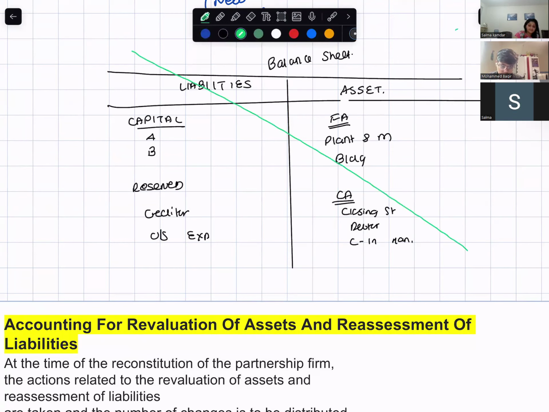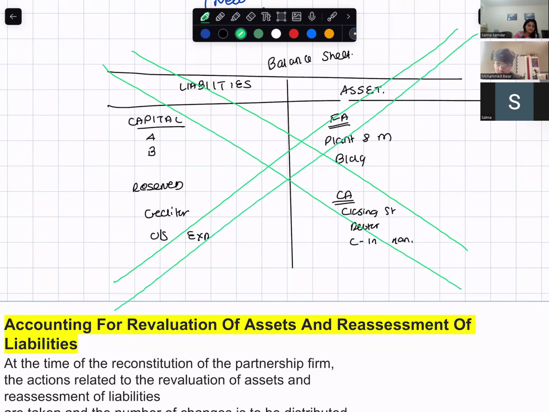I'm repeating again. The old balance sheet has to close down. A new balance sheet has to be prepared. So when you are preparing a new balance sheet, that means the new balance sheet should be prepared at new value.